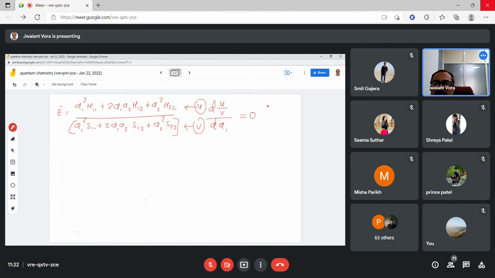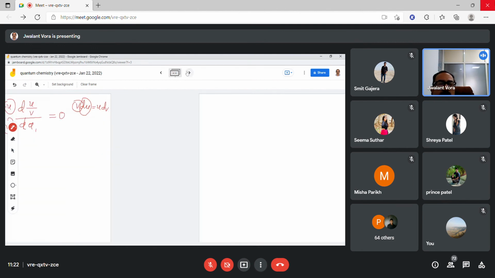So V du is equal to U dV, right? So writing V part, this part, A1 square S11 plus twice A1A2 S12 plus A2 square S22. હવે ન્યુમેરેટરનું ડિફરન્શિએશન કરું છું.